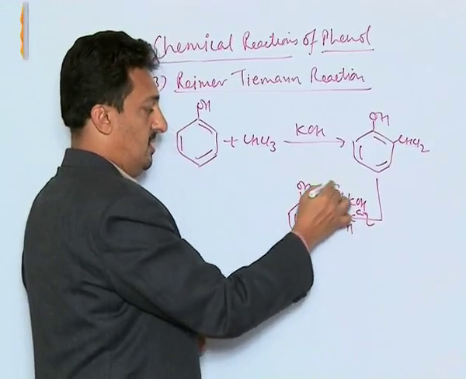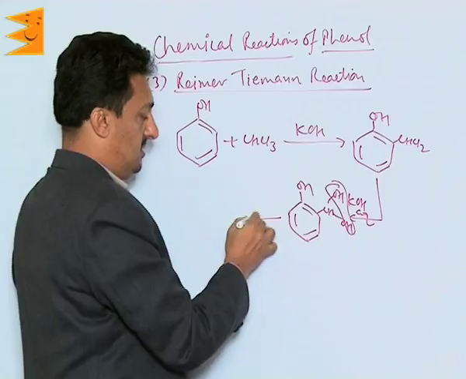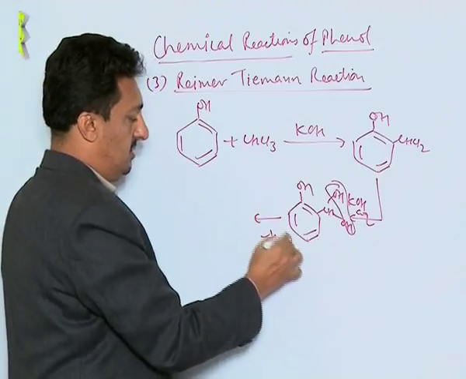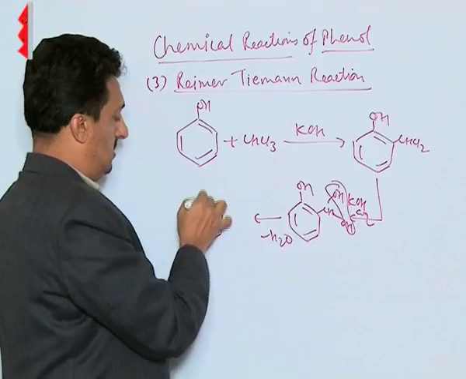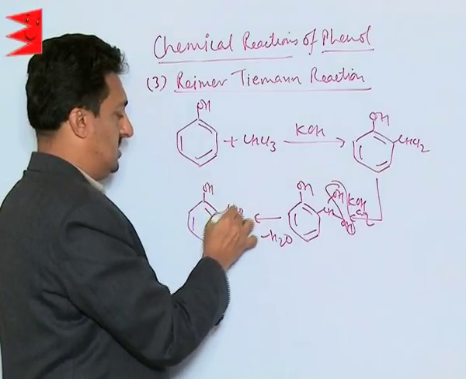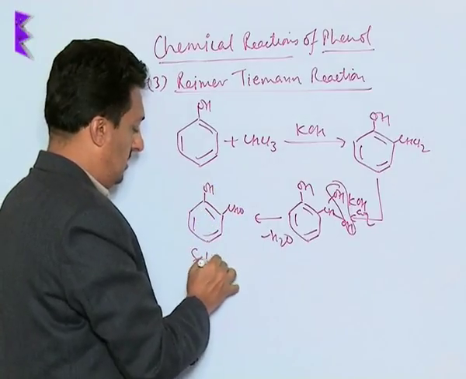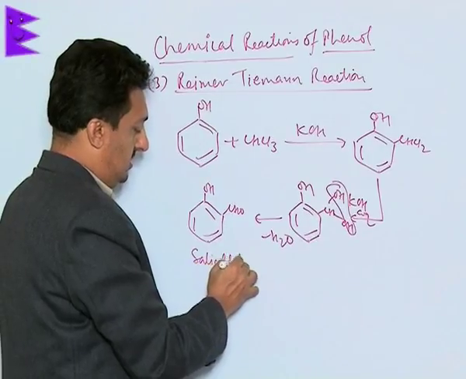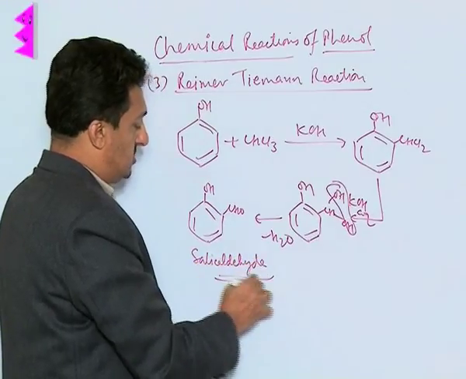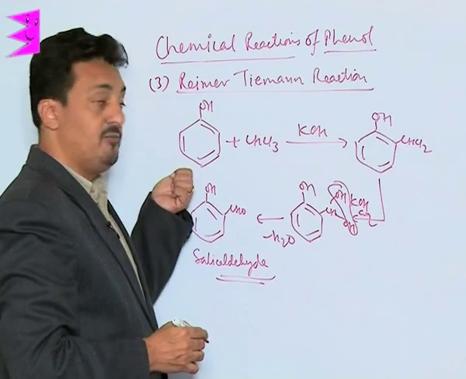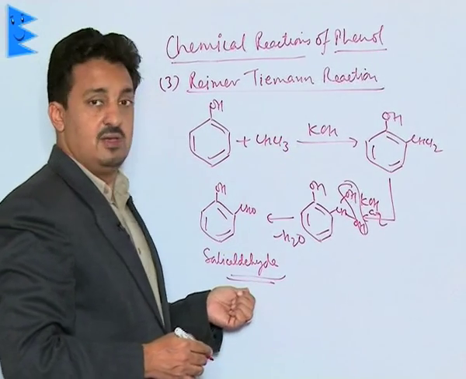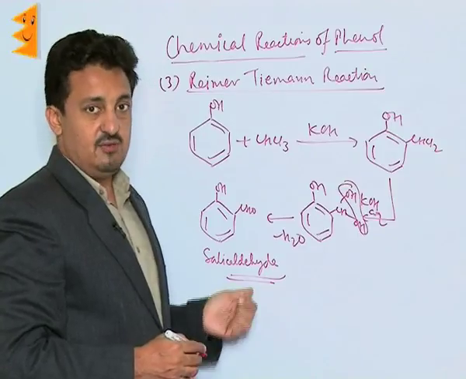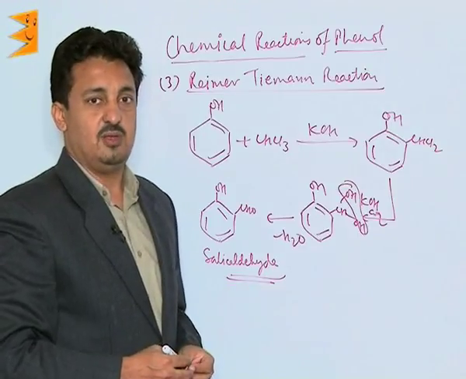Now this results in the loss of one water molecule. So this gives us OH, CHO, called salicylaldehyde. So the formation of salicylaldehyde from phenol on reaction with chloroform and KOH is called the Reimer-Tiemann reaction. Again, a very important name reaction of phenol.